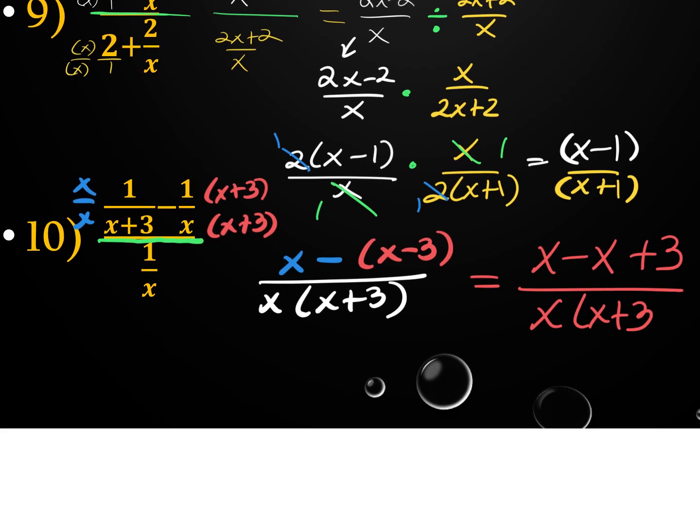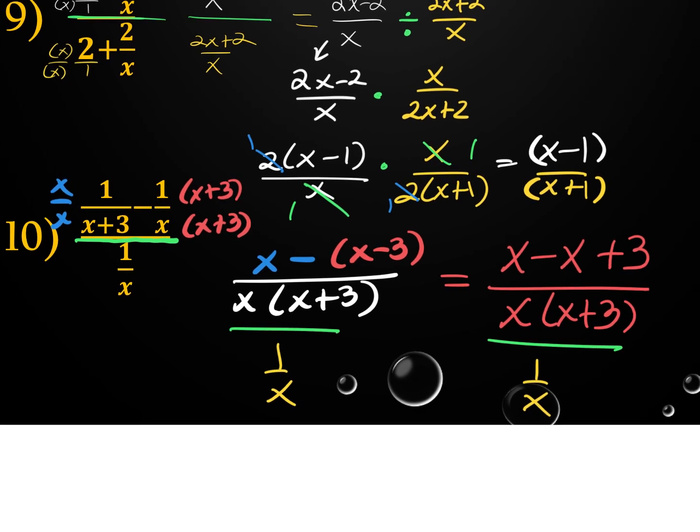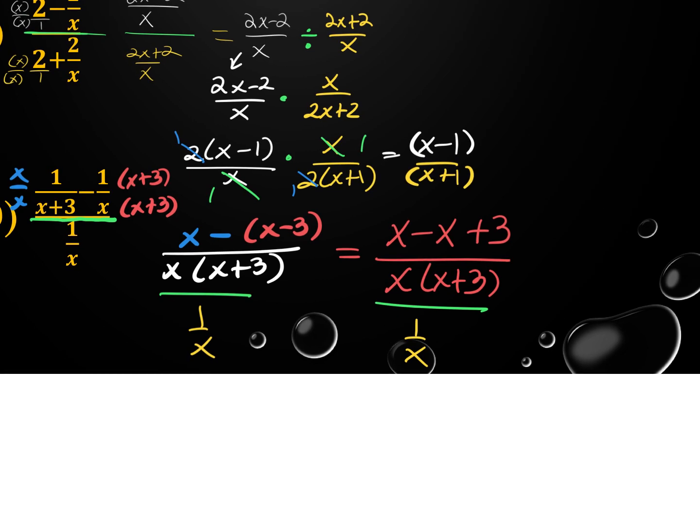Now also remember, you still have underneath this the 1 over x. So now, notice when I combine this numerator, x minus x is 0, it's nothing. So now I have 3 over x times x plus 3 over the 1 over x.